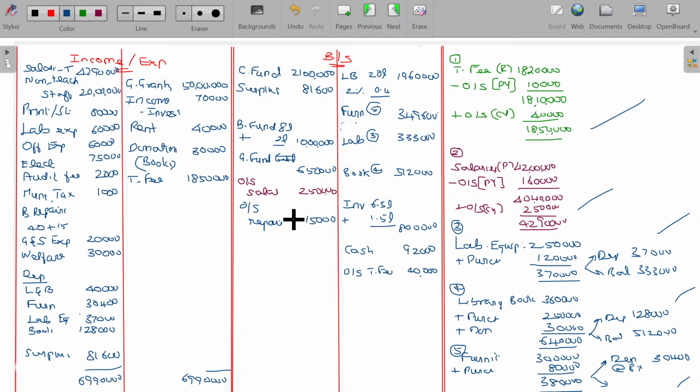Now, add the balance sheet and find out whether the total is agreeing. 40 lakhs 86,600.